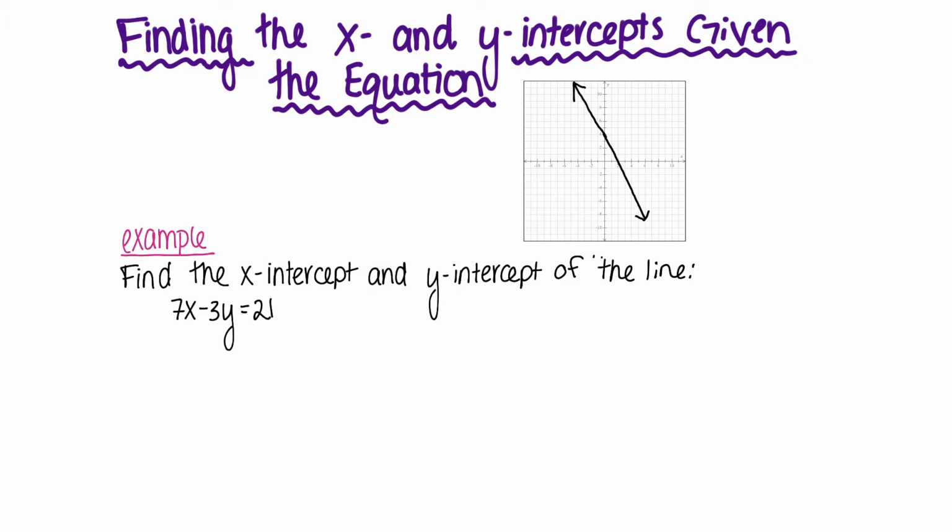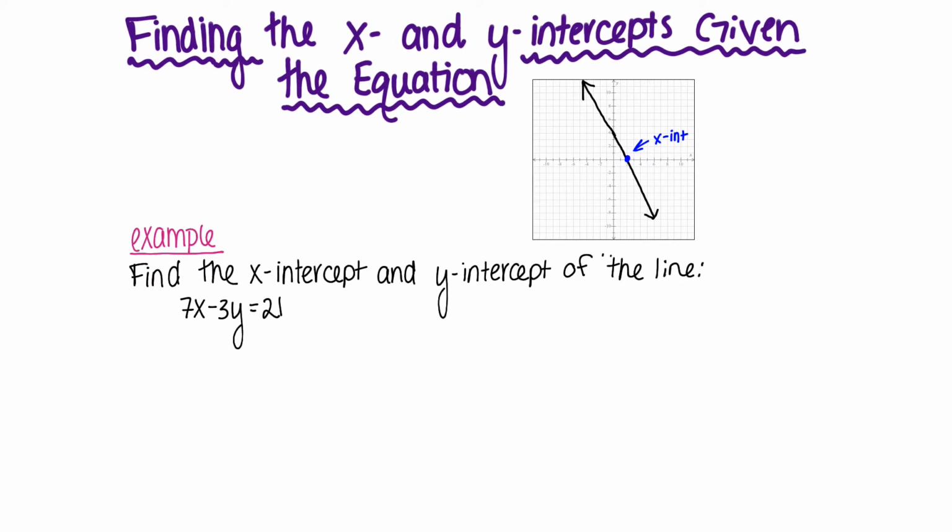So the x-intercept is going to be the place where the line hits the x-axis. I'm going to abbreviate it to x-int. Notice that this point on this picture that I've drawn has an x coordinate, but it has a 0 for the y coordinate. So at the x-intercept, the y coordinate is 0.